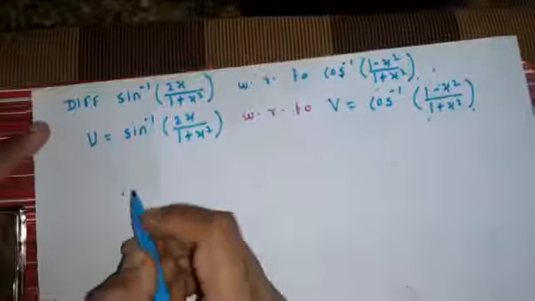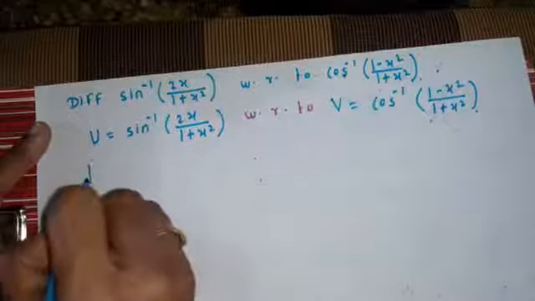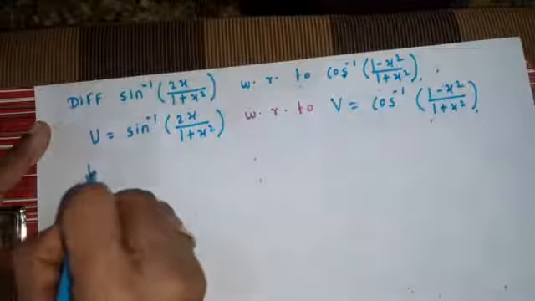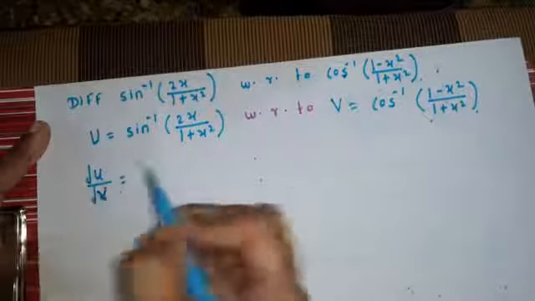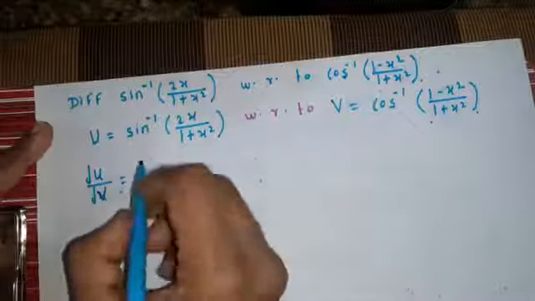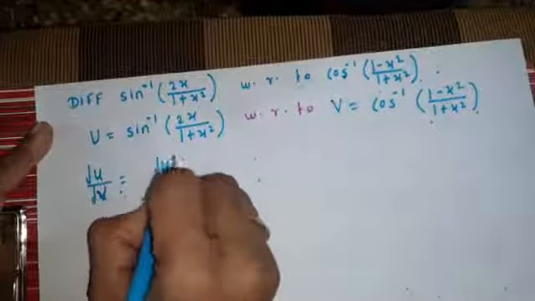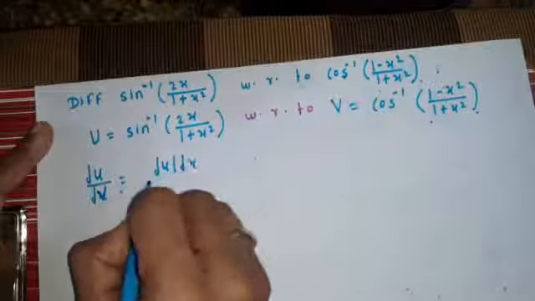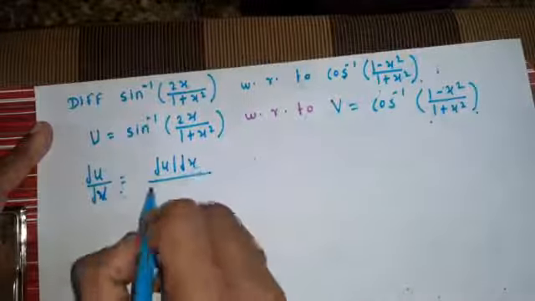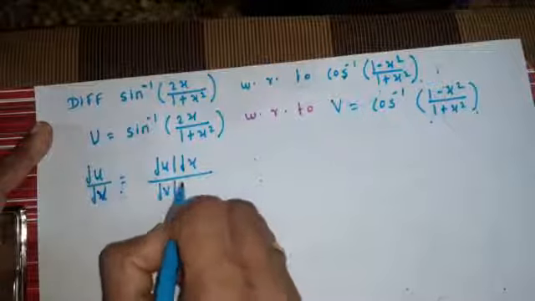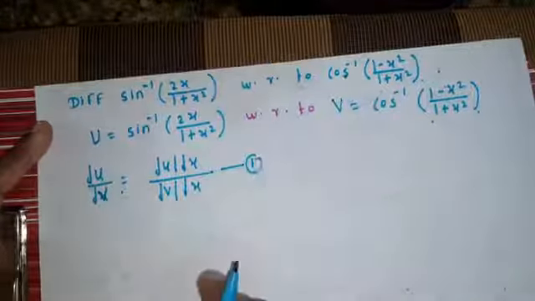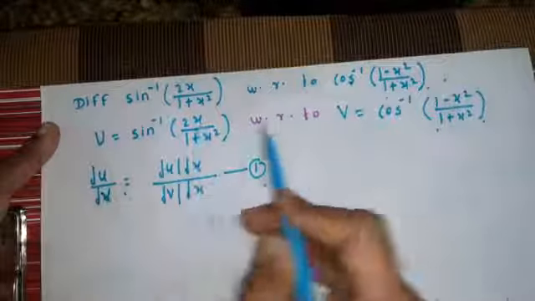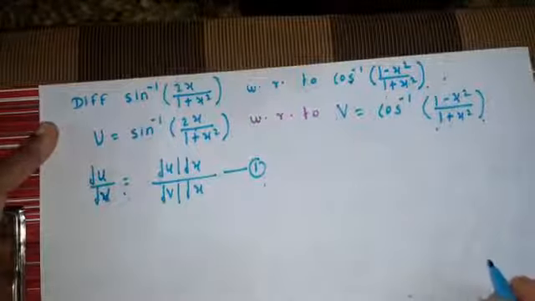That means we have to find u with respect to v, that is du by dv. What is du by dv? That is du by dx upon dv by dx, because u is a function of x and v is a function of x.